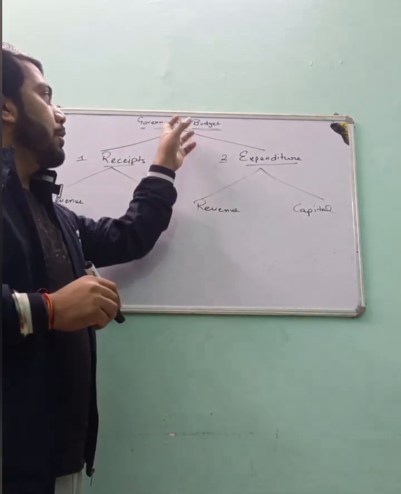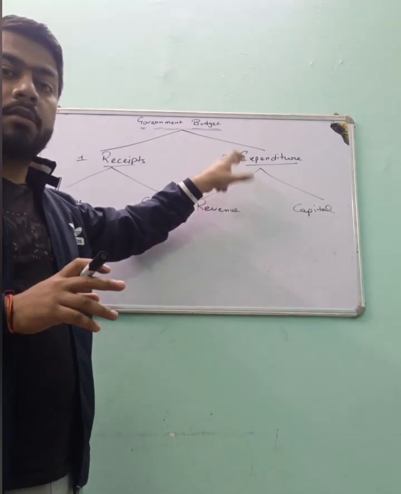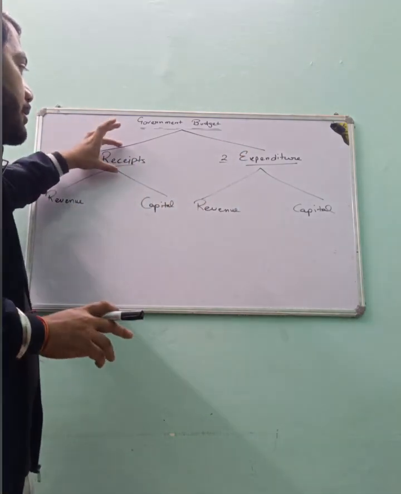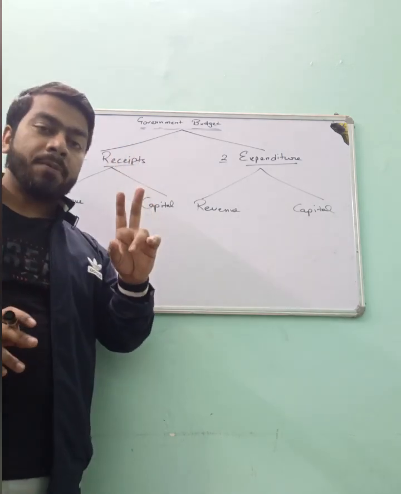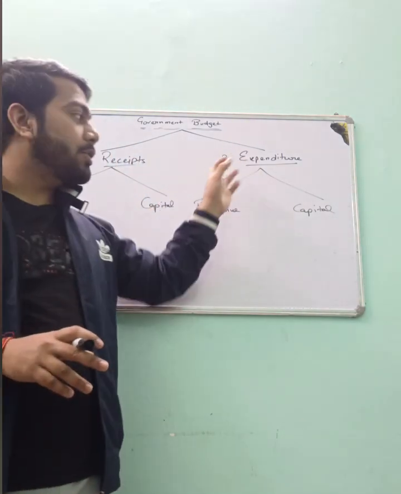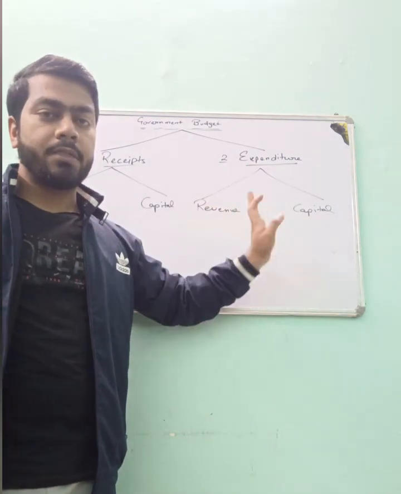So, government budget is basically focused on two things, that is receipts and expenditure. And receipts are further divided into two types, revenue and capital. Expenditure is also divided into two parts, revenue and capital.